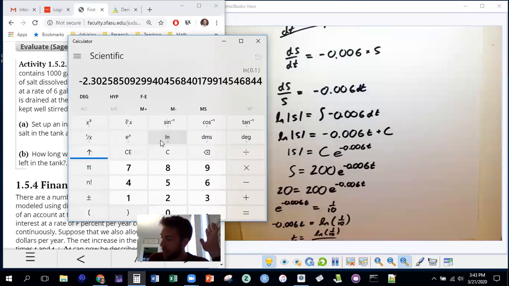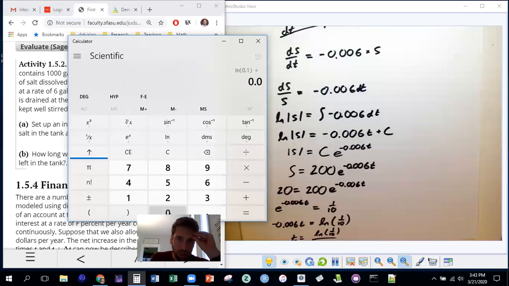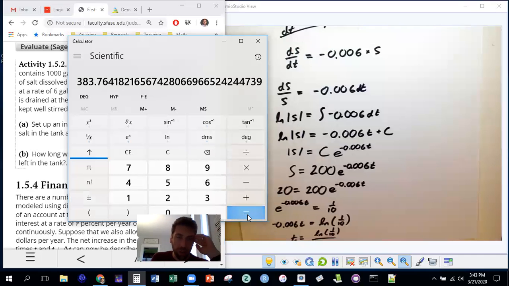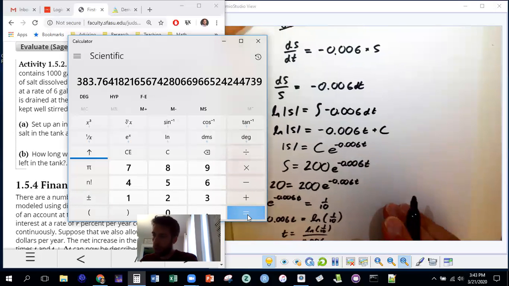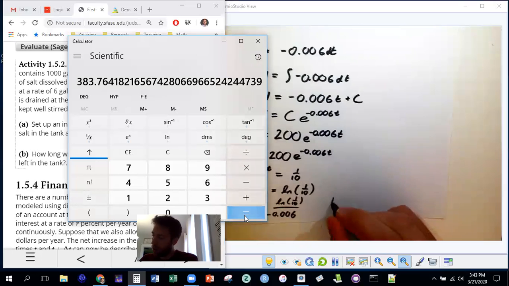Natural log of that divided by negative 0.006 equals 383. So t equals 383.76.